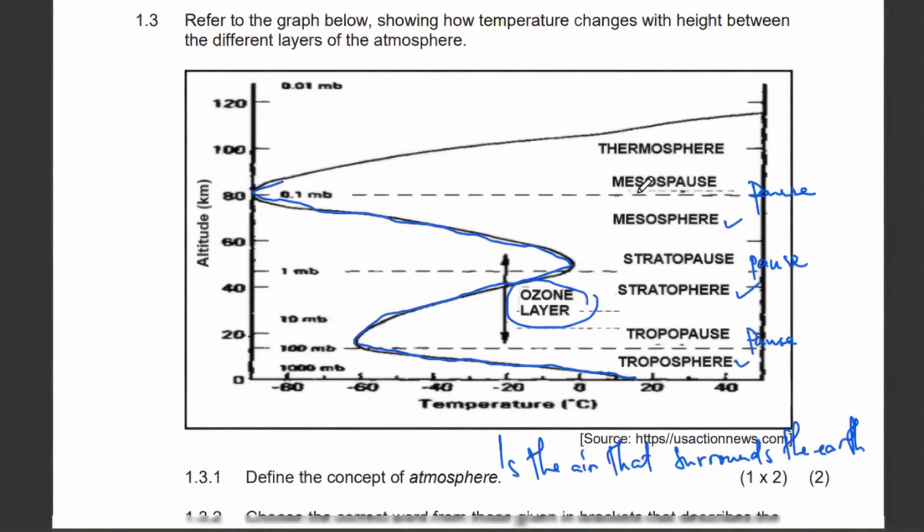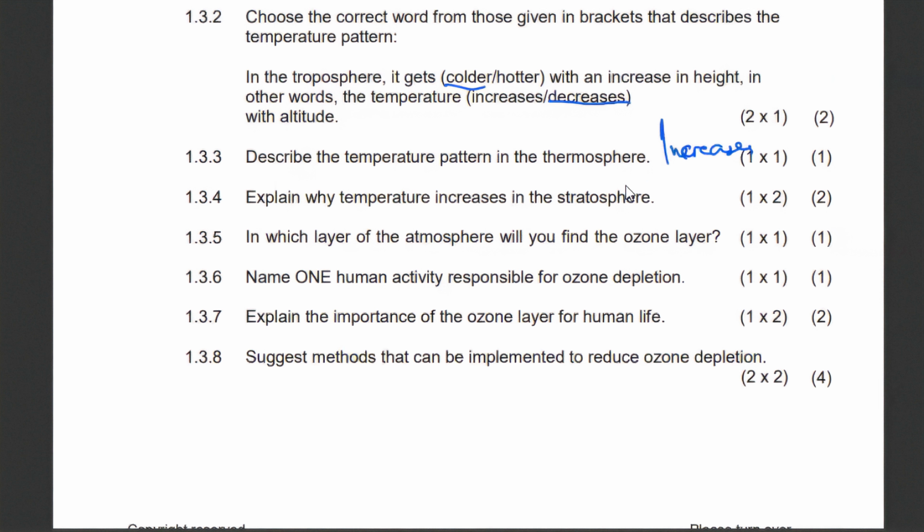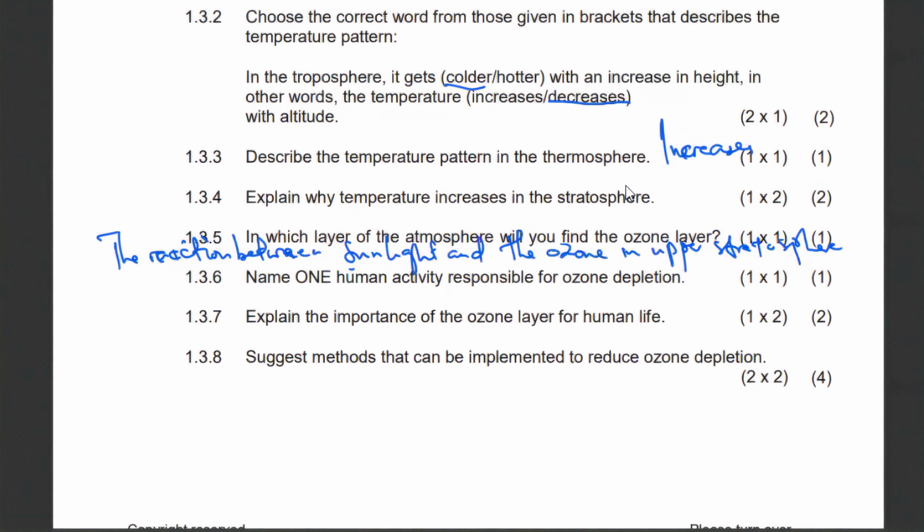So what makes the temperatures increase in this layer is the reaction between sunlight and the ozone in the upper stratosphere, which generates heat.